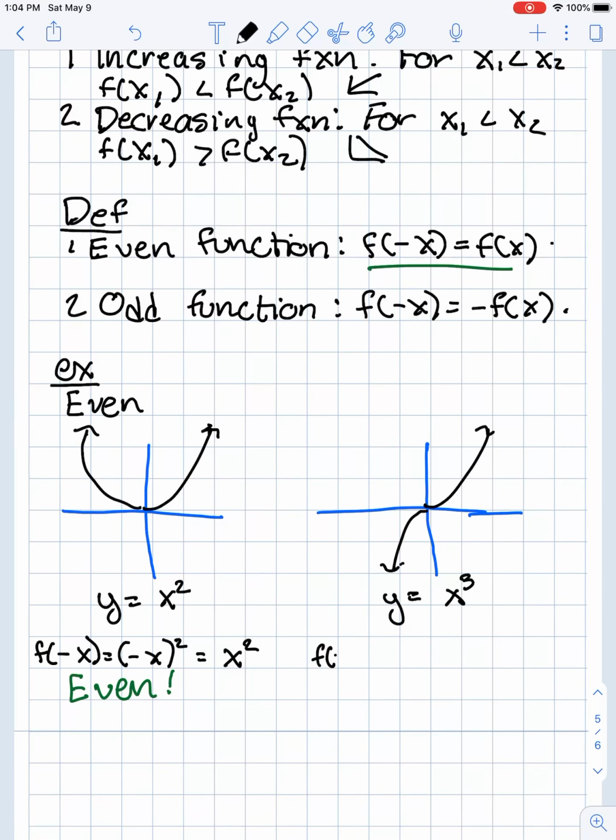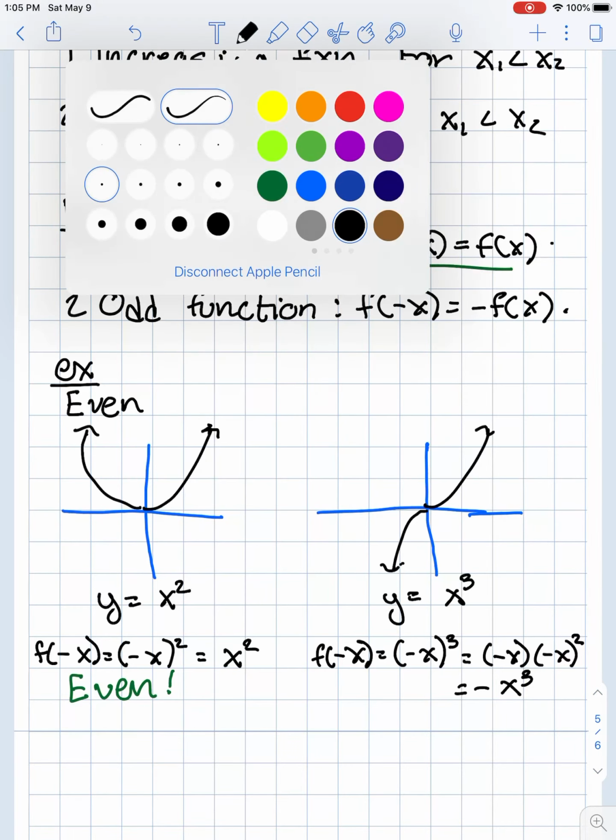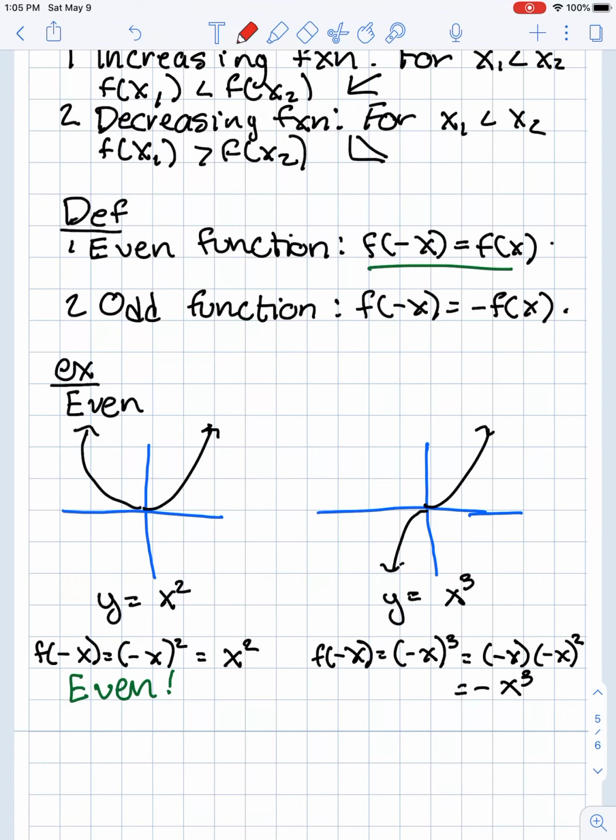So now what if I plug in negative x into x cubed? Well, that's going to be negative x squared times negative x. Well, I know that this is just x squared and that's negative x, so this is going to give me negative x cubed. So that's the negative version of my original, aka negative f of x. So this one is going to be odd.